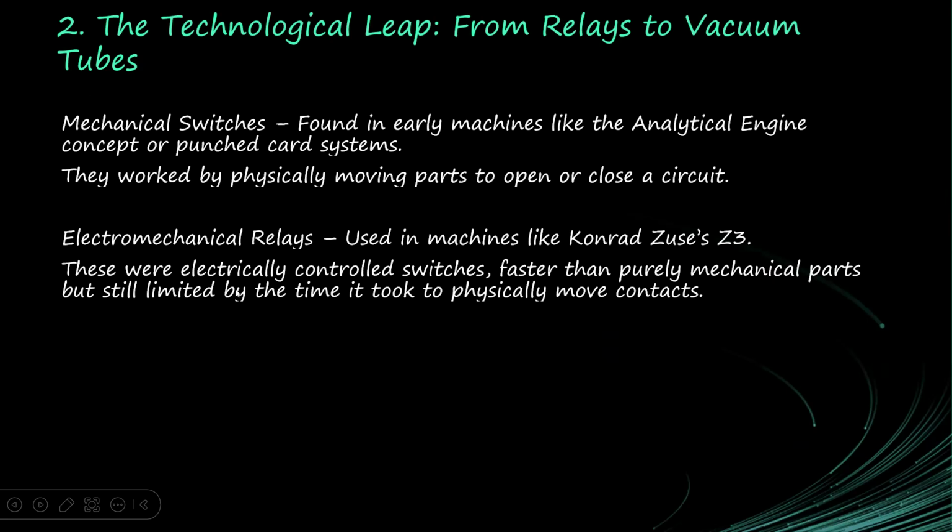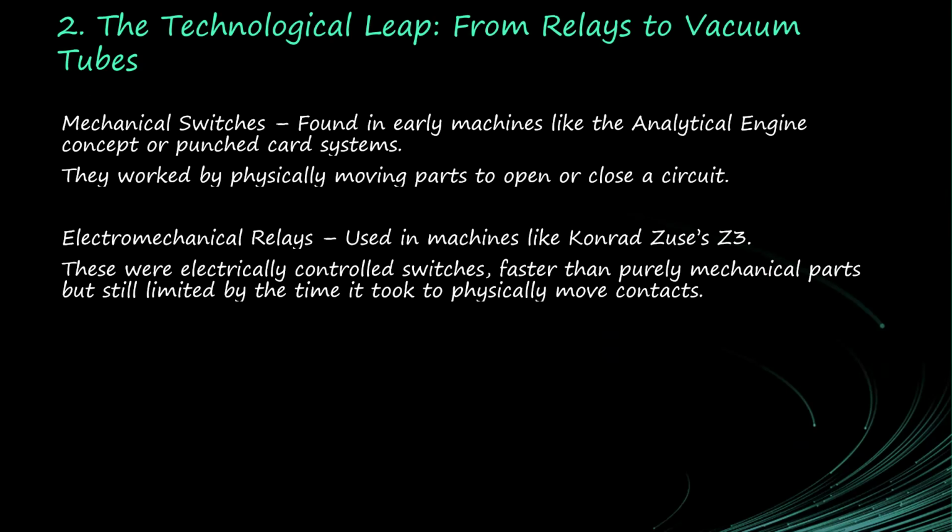So these were electrically controlled switches. These electromechanical relays use electricity to control the switches. All right, but the mechanical switches do not use electricity to control the switches. It is physically moved, all right, to open and close.